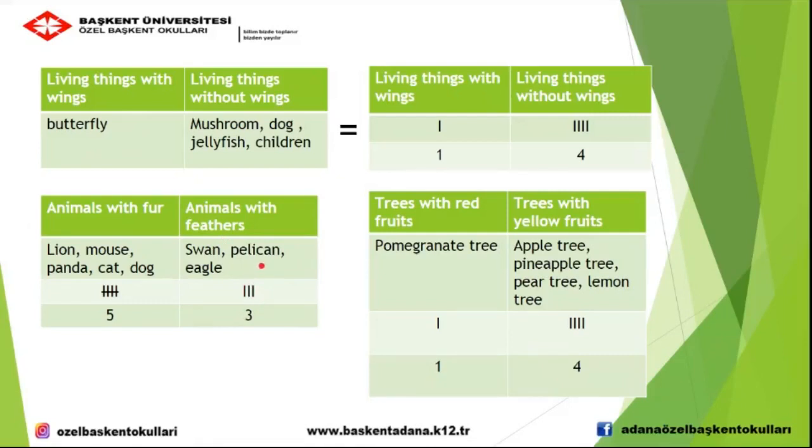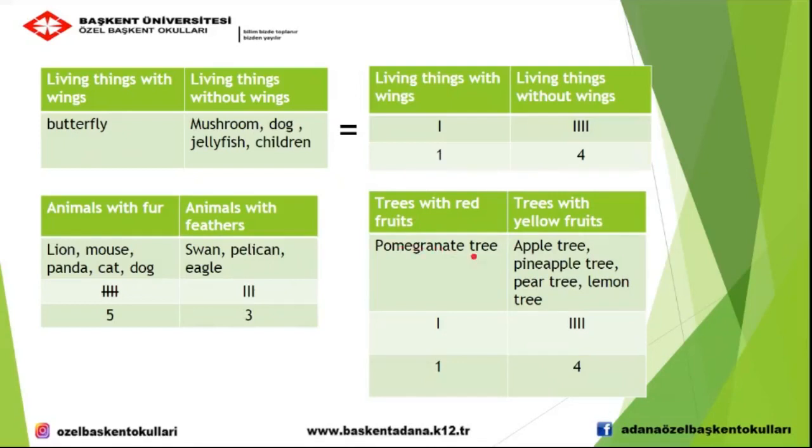You can combine the tally chart with the writing data. Trees with red fruits, for example, and trees with yellow fruits. That's another question to sort out information.